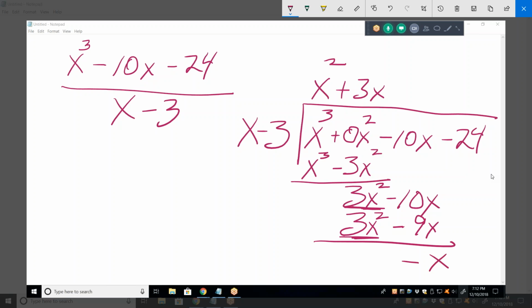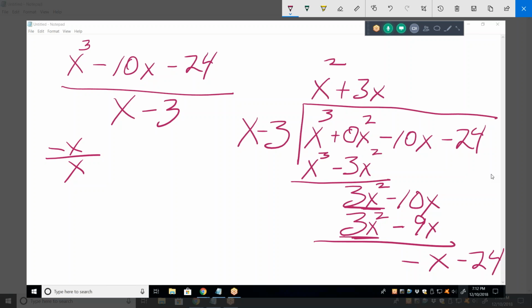What's the next step? Bring down the 24. Negative 24. And the next step. So divide negative x by x. What do you get? Negative x by x, what is that equal to? Negative 1.